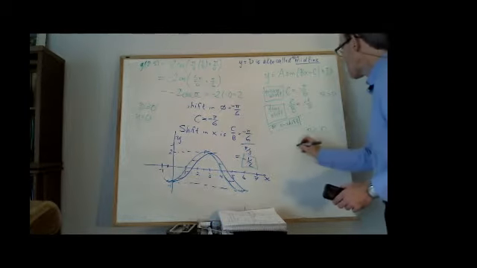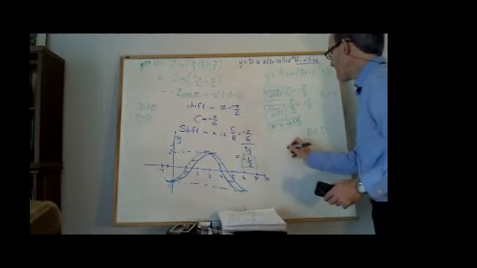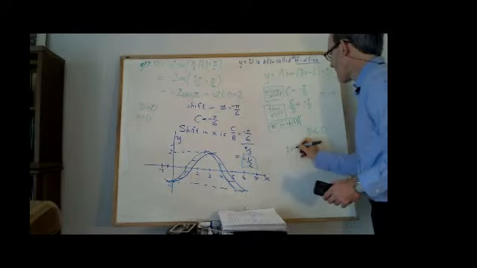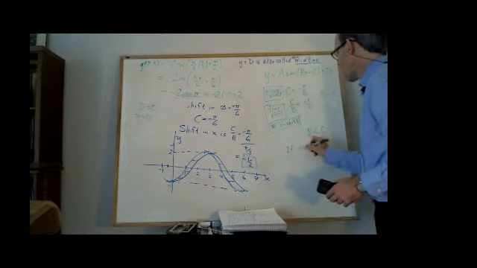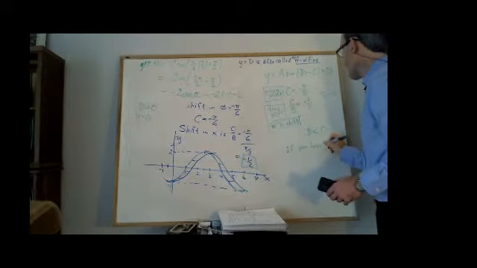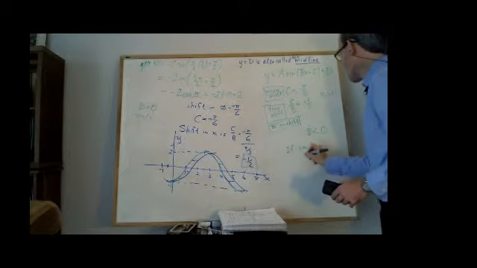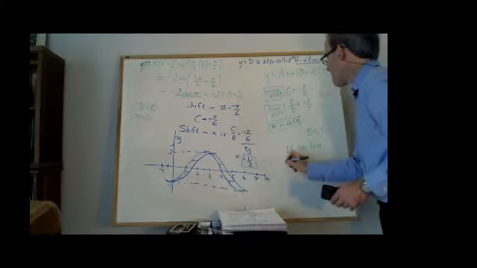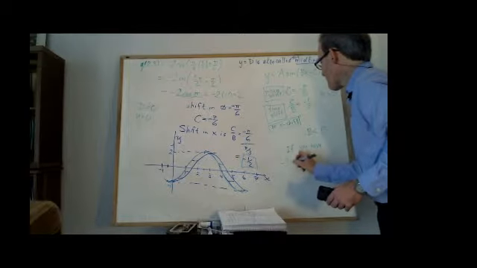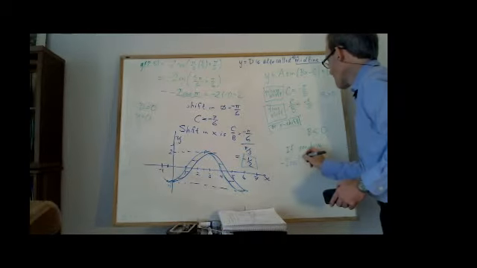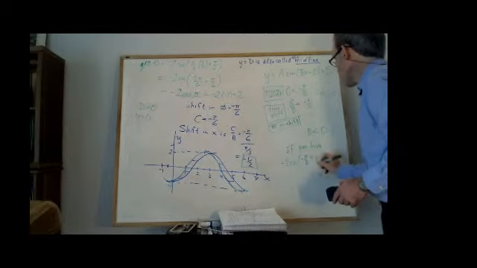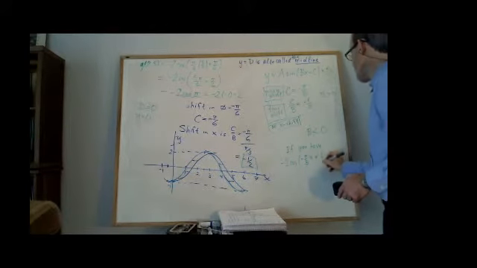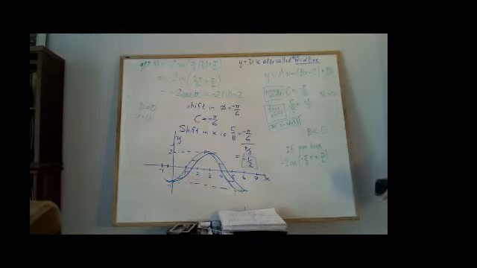There's a reflection if you change b to minus b. In the last problem, for example, if you take this, it's a minus sign instead of a plus sign.